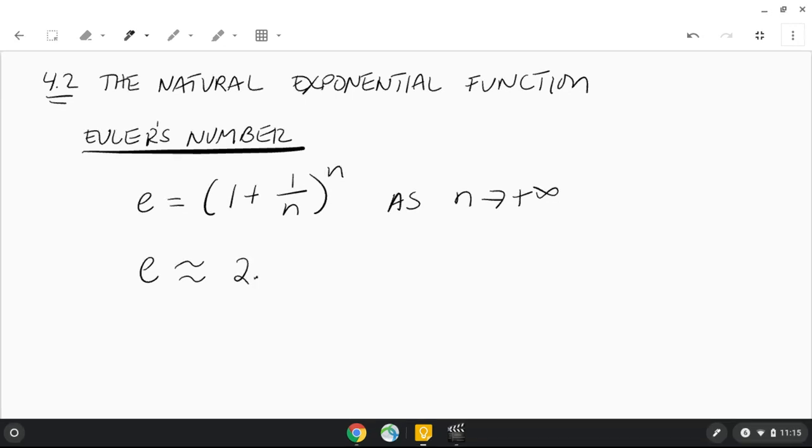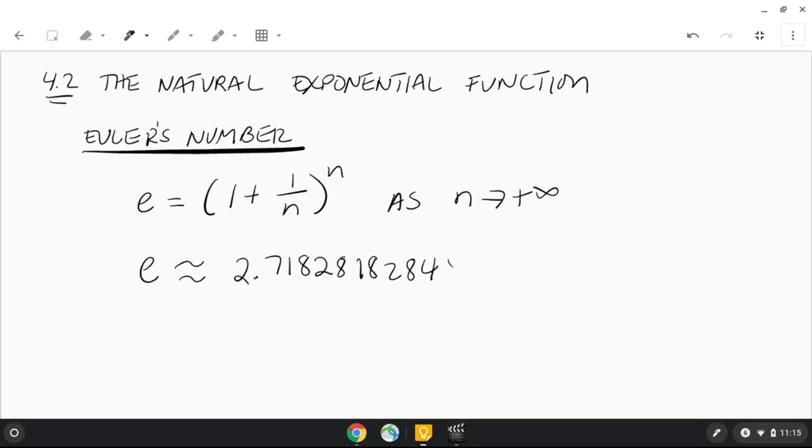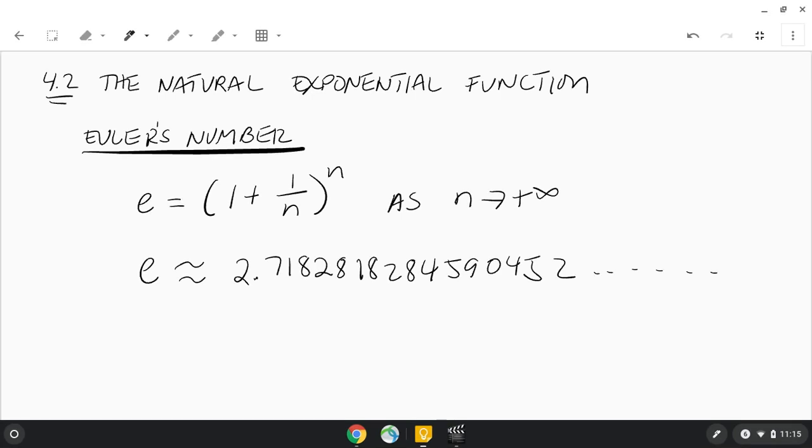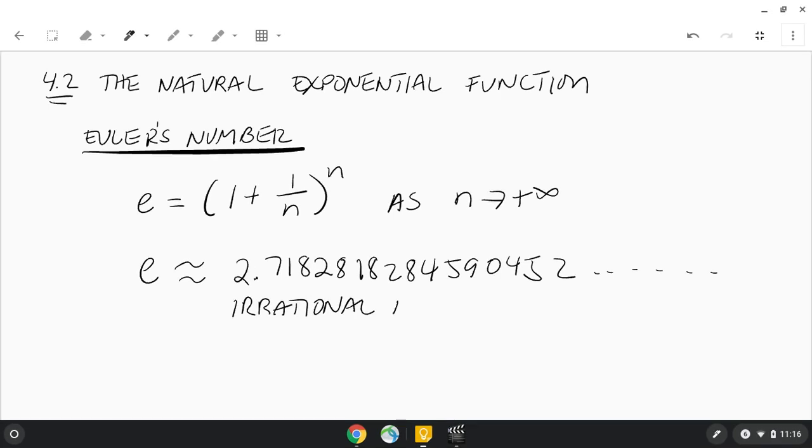It goes on forever, just like pi. 2.71828. If you punch this into your calculator, 18284590452, and it just keeps on going, just like pi. So it is an irrational number, like pi.